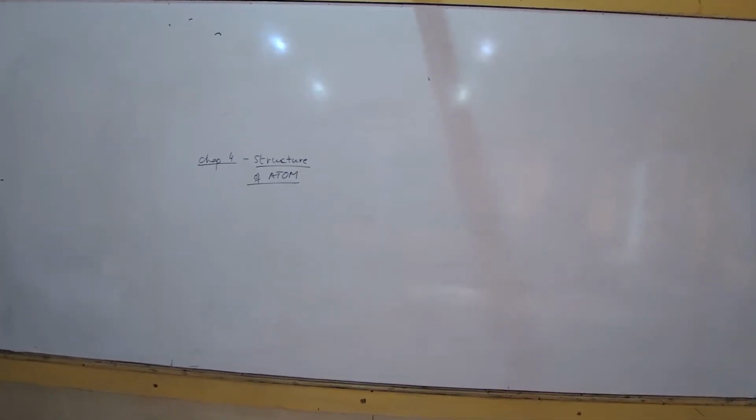Take a fresh page, write down the topic name. When we talk about an atom, it is something very small that we can't see. So how can we find out where the atom is? If I look at any object, does it have atoms?